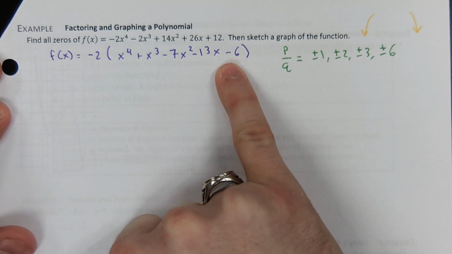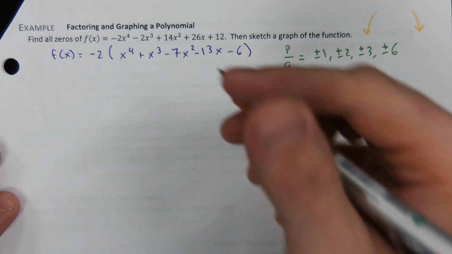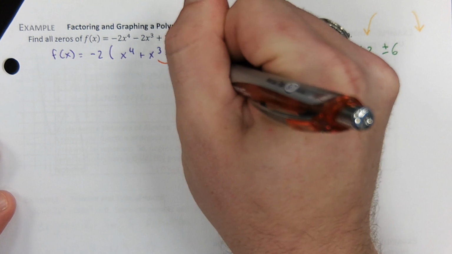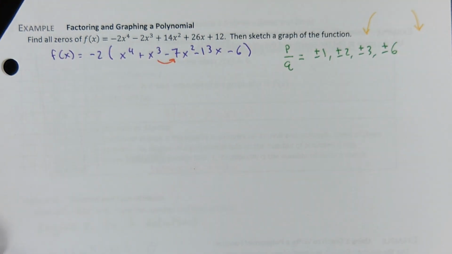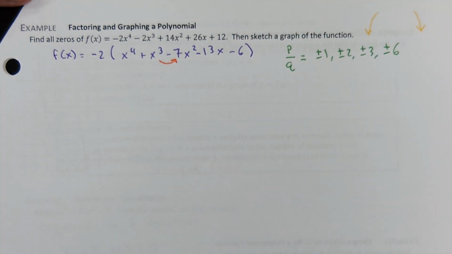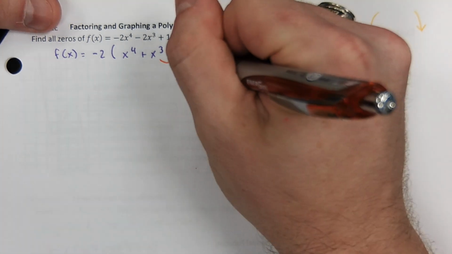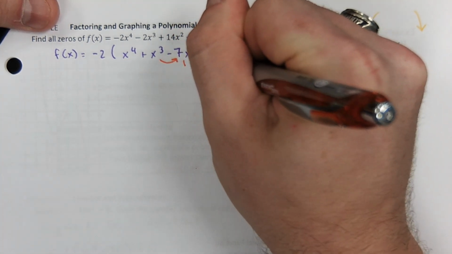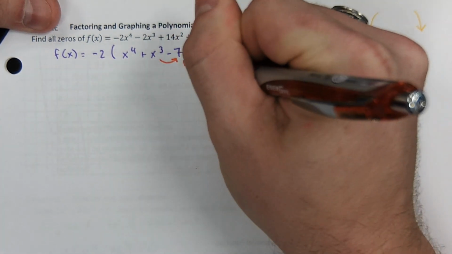And the sign switching happens only one time, right here. This tells me there is one positive real solution because there's only one sign switch on f of positive x. Think of this as being f of positive x because I didn't plug in negative x. So we know there is one positive real solution.